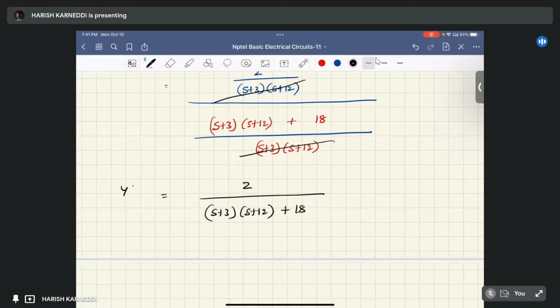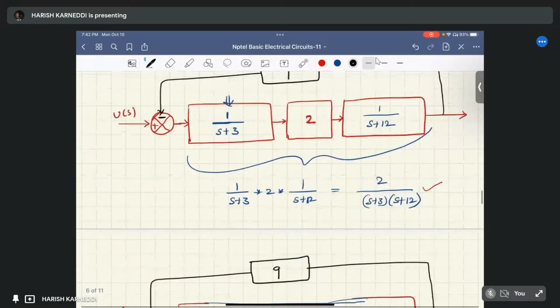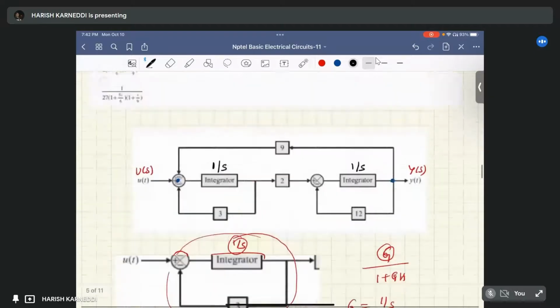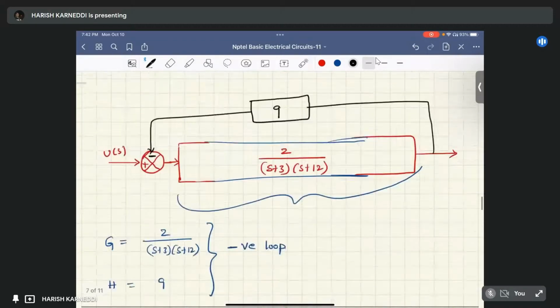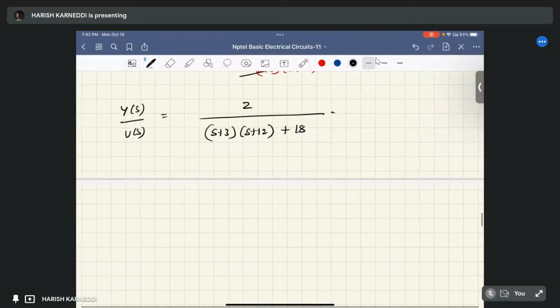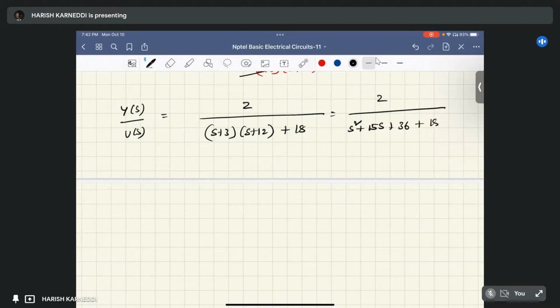This is a closed loop transfer function, that is Y of s by U of s. However, in the options, the equivalent value is not given directly, so we have to simplify the fraction further. What is the value of (s plus 3) into (s plus 12)? It is s square plus 3s plus 12s, that is 15s, plus 3 into 12, that is 36, plus 18.